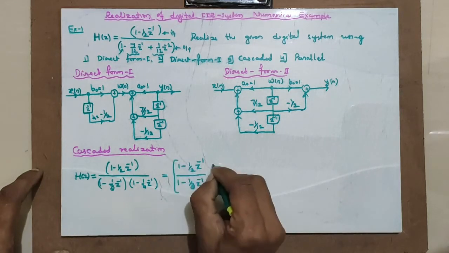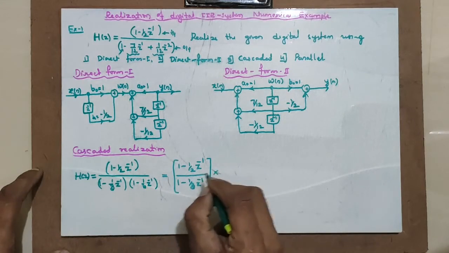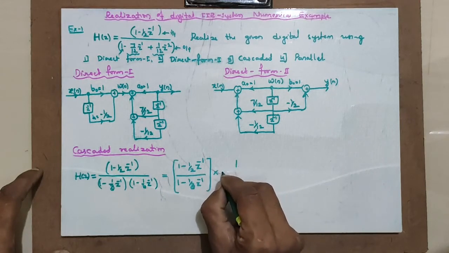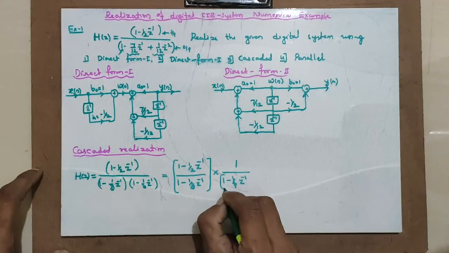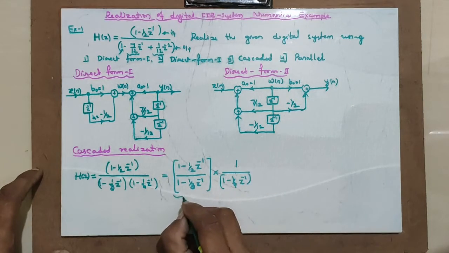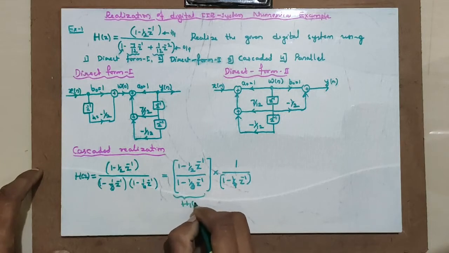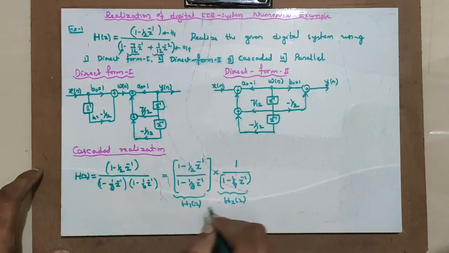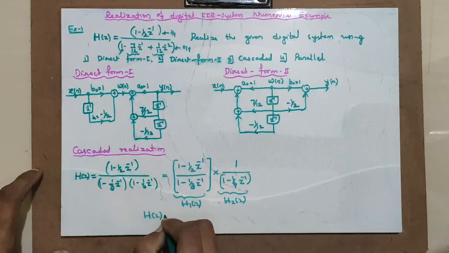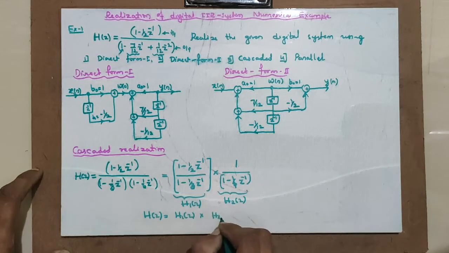This is one structure, multiplied by 1 divided by 1 minus 1 by 4 z raised to minus 1. I hope you understood. This becomes H1 of z, and this becomes H2 of z. Hence H of z is H1 of z multiplied by H2 of z.